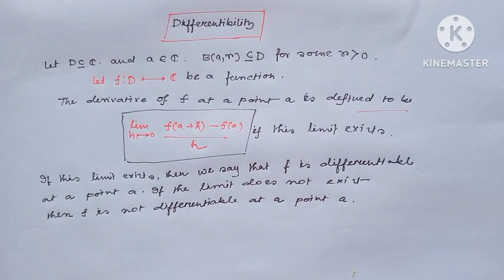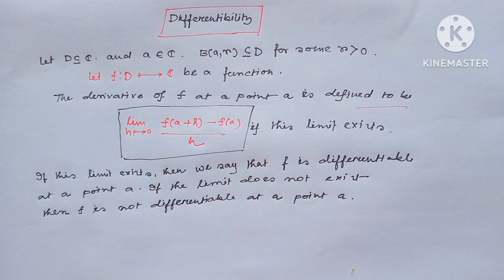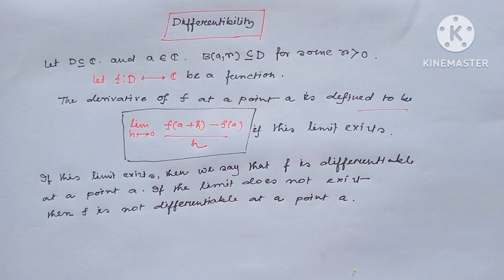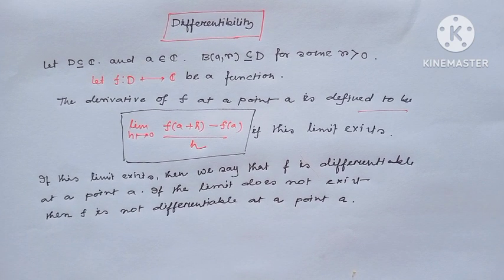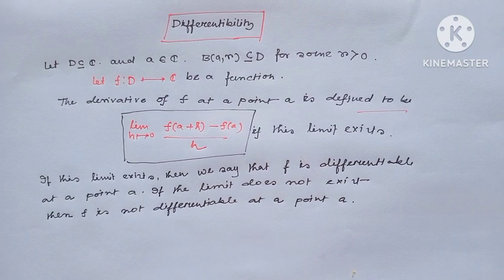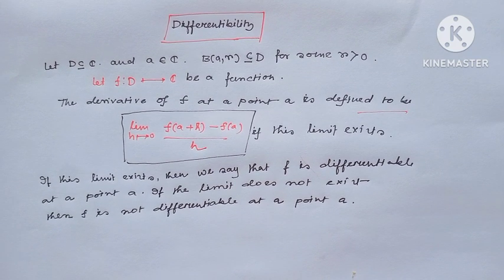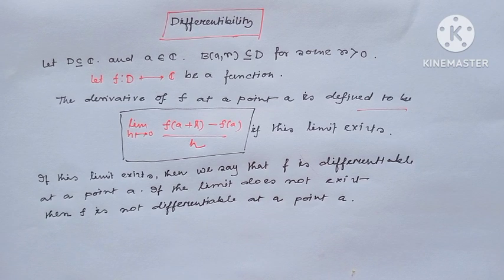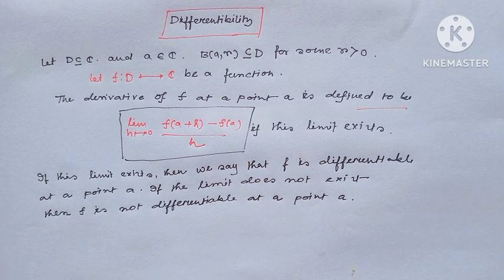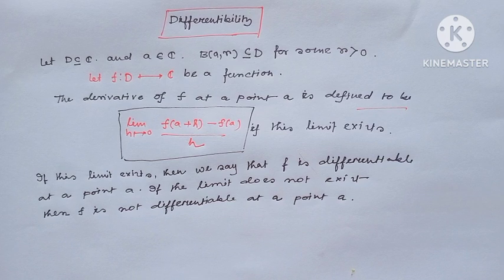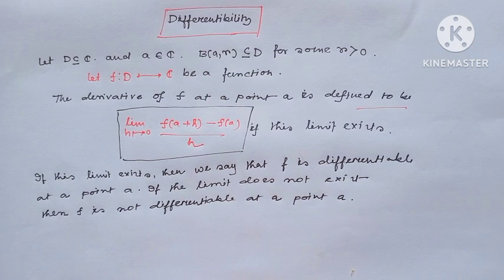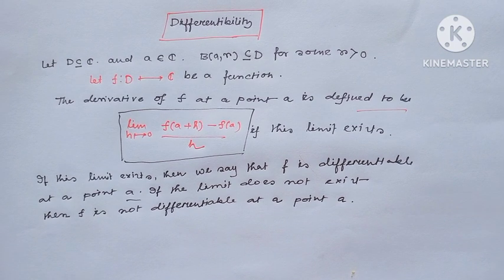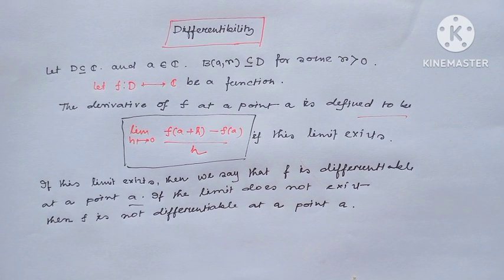Now consider one function f from D to C. Then the derivative of f at a point a is defined to be the limit as h tends to 0 of (f(a + h) - f(a)) over h. If this limit exists, then we say that f is differentiable at the point a, and if the limit does not exist, then f is not differentiable at the point a.